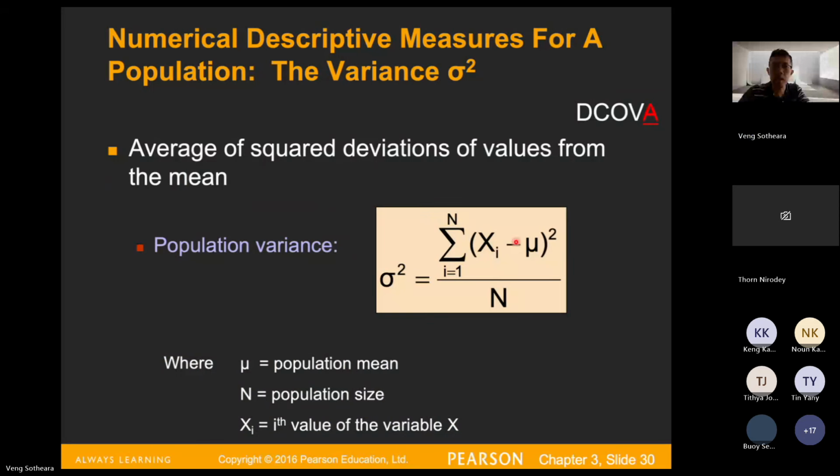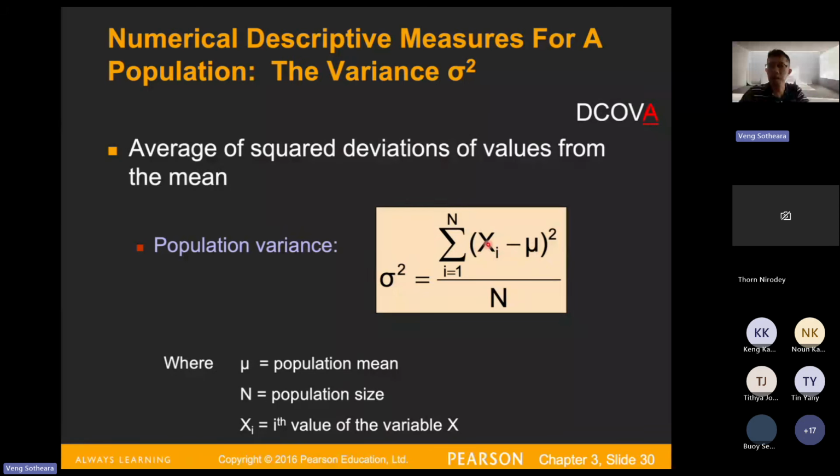So look at the formula here and compare it with that of the variance of a sample. You compute the mean, which for a sample is denoted by x bar, but here for the population the mean is denoted by mu.